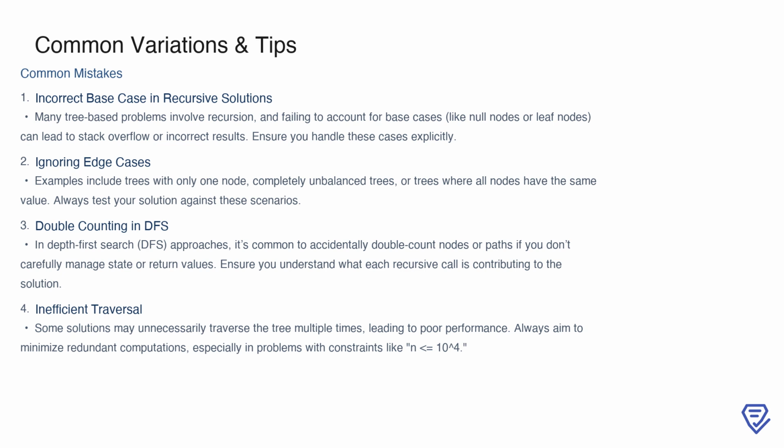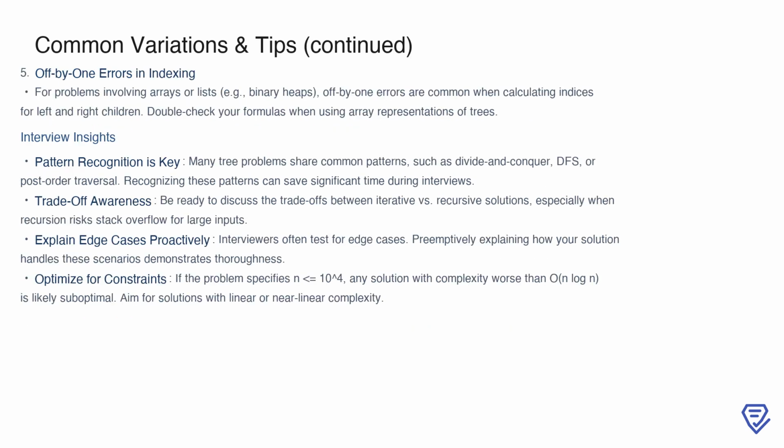Always aim to minimize redundant computations to ensure your solution runs efficiently. Off-by-one errors are another frequent issue, particularly when dealing with trees represented as arrays. For example, calculating the indices for left and right child nodes in a binary heap can be tricky, and even a small mistake in your formula can derail your solution. Double-check your calculations to avoid these errors.